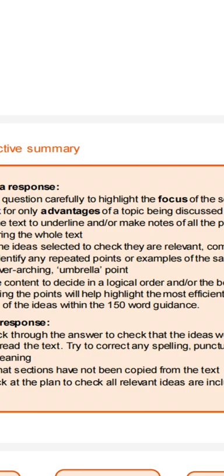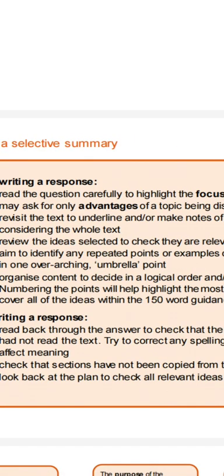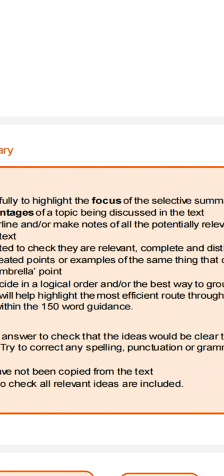Previously, according to the previous format, the summaries you had to write were like writing about the problems and solutions of something, or the advantages and disadvantages of something. But according to this format, you will be asked to write only advantages or disadvantages, a one-strand summary of a topic discussed in the text.